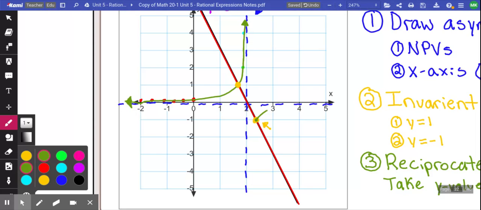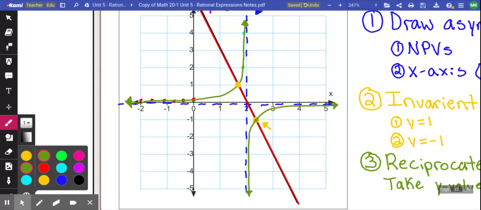As I approach that asymptote, I'm going to curve, and then go right against that asymptote like that, and then put an arrow on it. I'm then going to go back to my invariant point and do the same thing towards my other asymptote. So now I'm going to go left towards this asymptote. As I run up to that asymptote, I go right beside it, and then I put an arrow on the end.